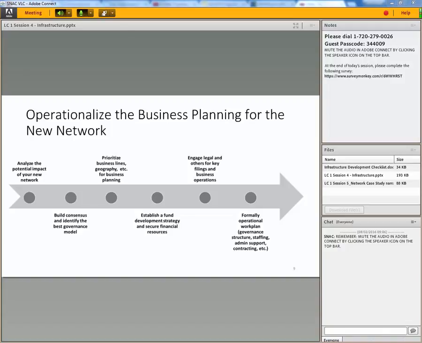The next step really involves the engagement of legal or other knowledgeable resources to help make sure that you're walking through this process effectively.